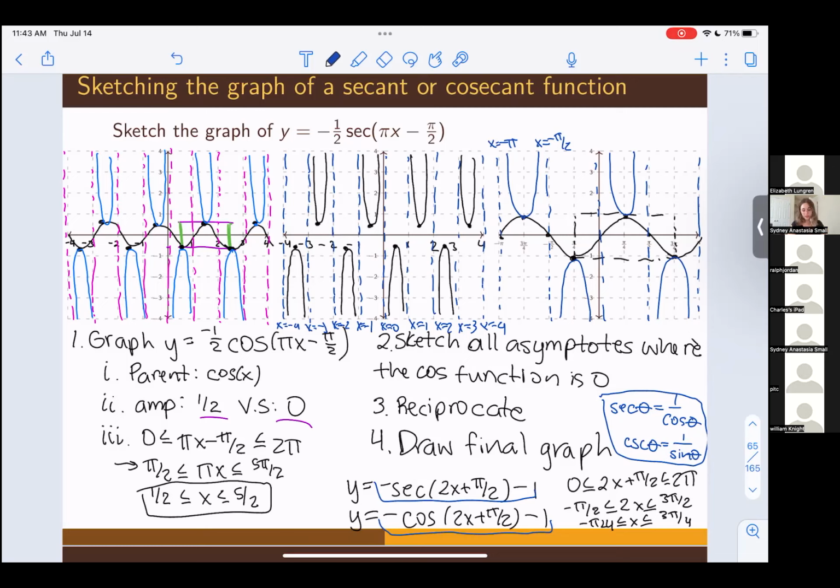Make sure that you get the ALEKS module for graphs of other trig functions. That is due tonight. And then tomorrow, second chance ALEKS topics opens. What that is, is that if you missed any topics from unit 1 at all, so starting with the angles and radians that we did the first day of class through now, if you didn't do them for some reason, you have the chance to go back in and learn those topics for full credit.